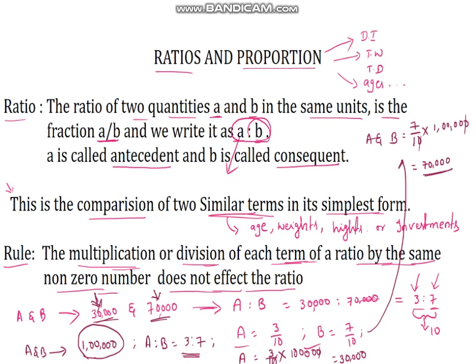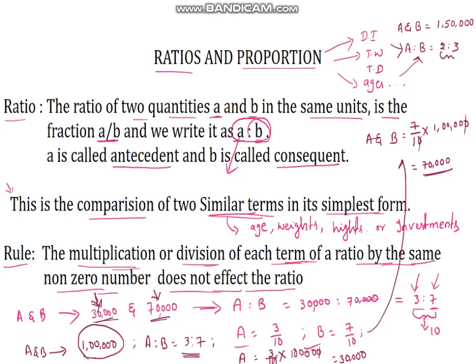If they give that the total investment of A and B is 1,50,000 and the ratio of investments is 2:3, what is the investment of A and what is the investment of B?